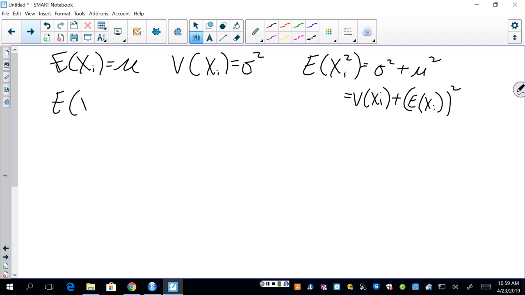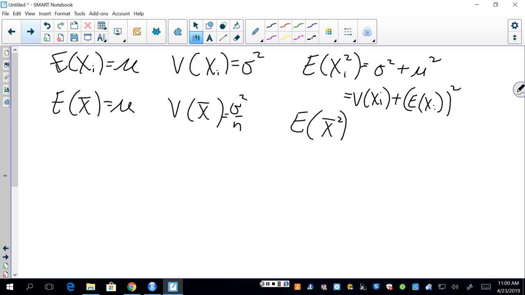And the expectation of x bar, we know it's mu, and the variance of that one is sigma squared over n. So the expectation of x bar squared is its variance plus its expectation squared, so it's sigma squared over n plus mu squared. If we wanted to figure out the expectation of s squared, what is the average value of that statistic?